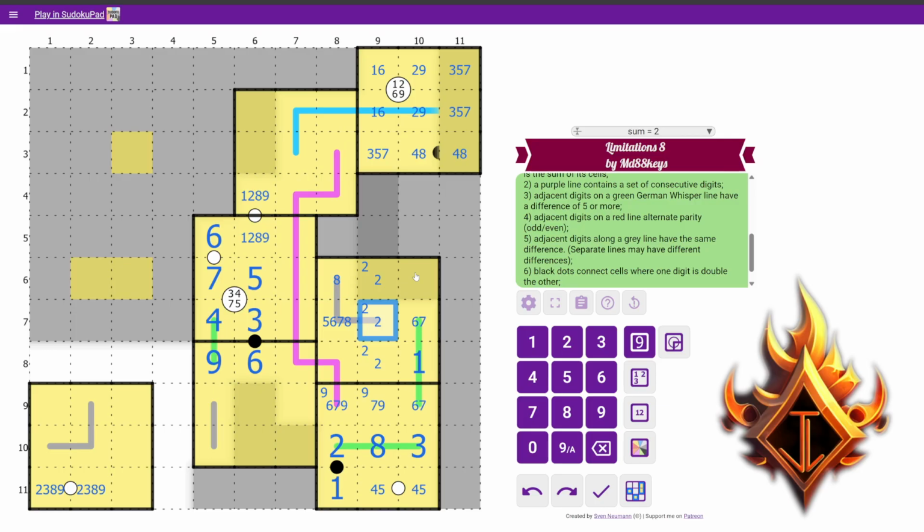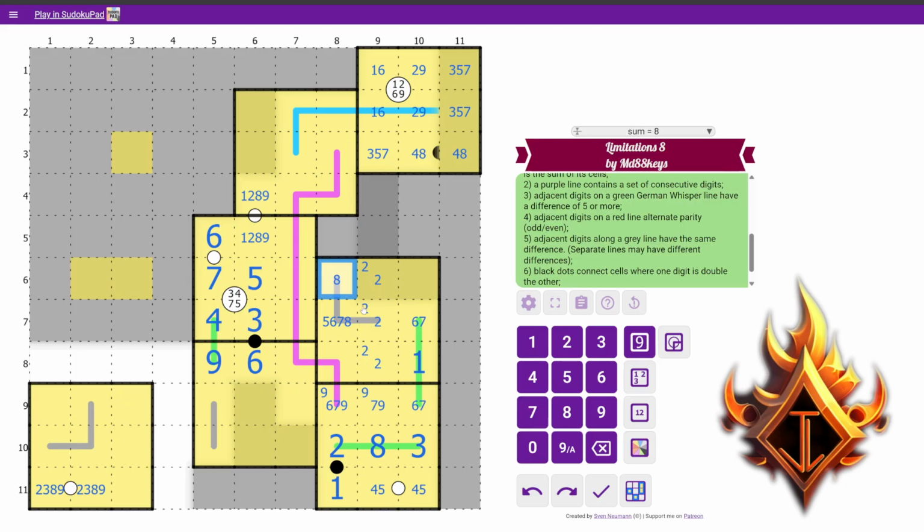So the only number 2 here would work with is 5. Otherwise, they're going up by 4, 5, or 6, so they'd have to come down by 4, 5, or 6, and that would be 2 again. So if that was 2, this would have to be 5, that would have to be 8.